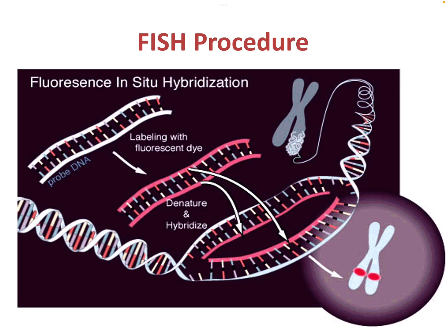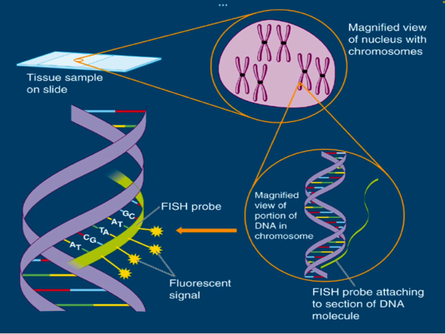So, this one, this is the probe DNA which will be denatured, and then this one will be attached to the complementary strand of the DNA or of the target DNA. So ayan, from the tissue sample on slide, if we magnify this, we can view the chromosome.